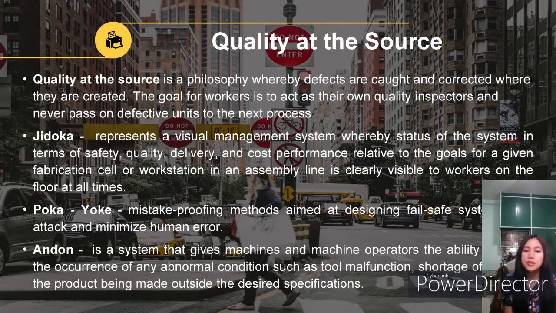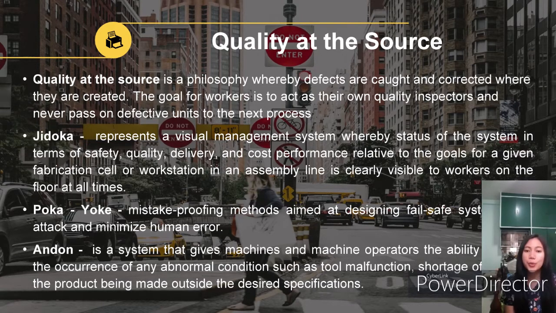Jidoka presents a visual management system whereby the status of the system in terms of safety, quality, delivery, and cost performance relative to the goals of a given fabrication cell or workstation in an assembly line is clearly visible to the workers on the floor at all times.